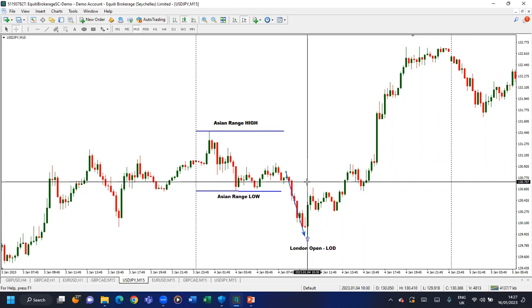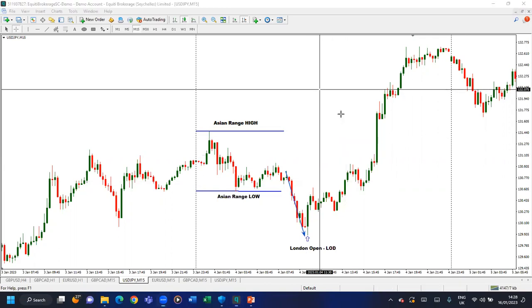Remember, this high or low of the day is being set during the London Open, between 0800 to 1100 GMT plus 1. This was set at exactly 10:30 GMT plus 1, setting the low of the day. And there was a very swift movement up after the low of the day was set.